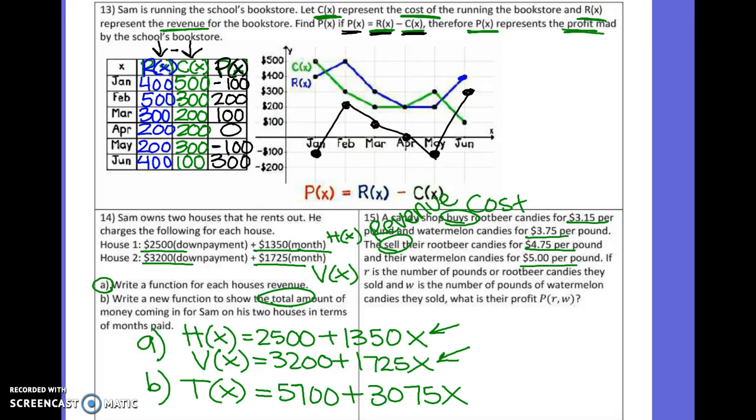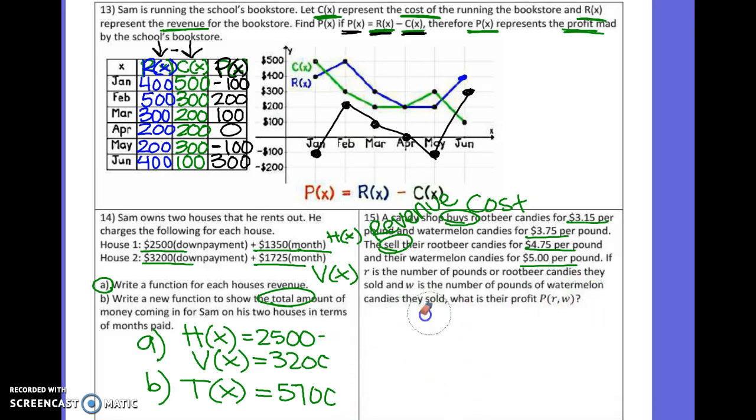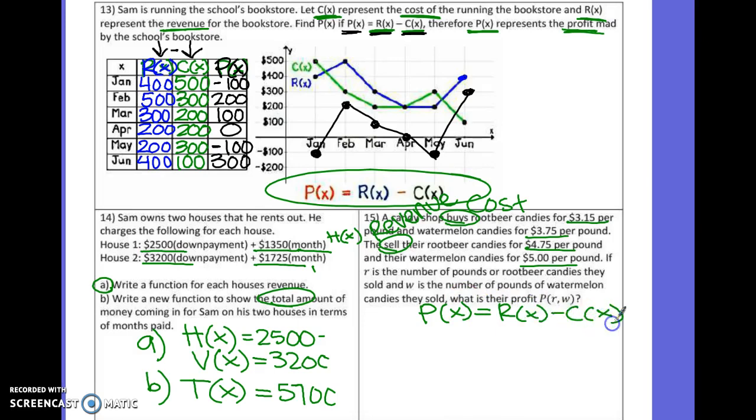Okay, so here, I need to get some room. If I want profit, remember profit, up here from this one right here, we got P of X. We need to do the R of X, take away the C of X to get the profit.